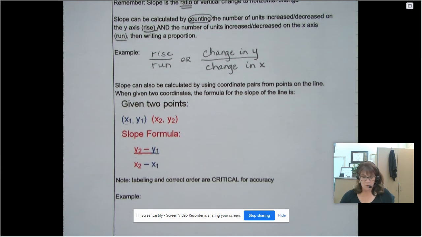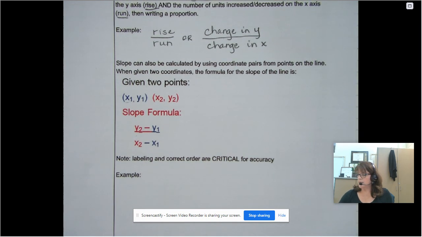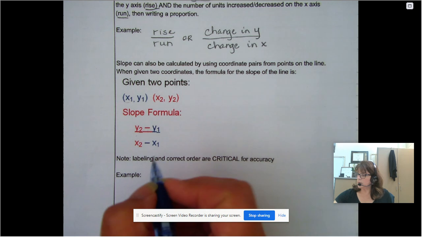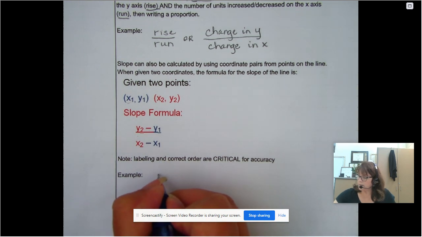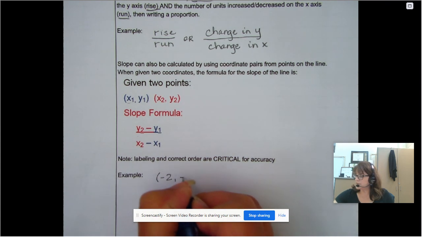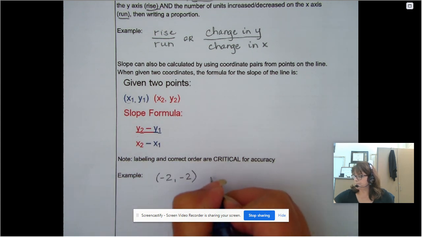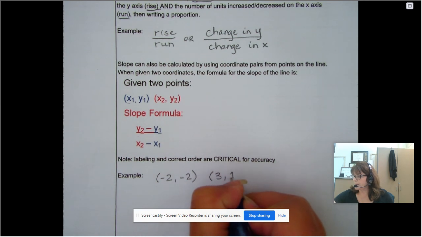Okay. So for example, if I did one where point 1 was -2, -2, and point 2 was 3, 1.